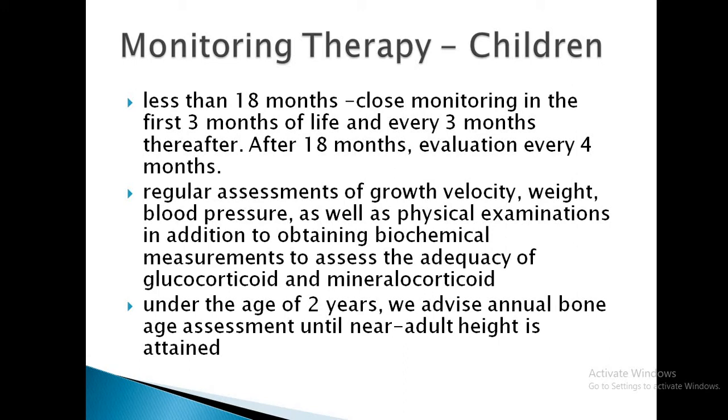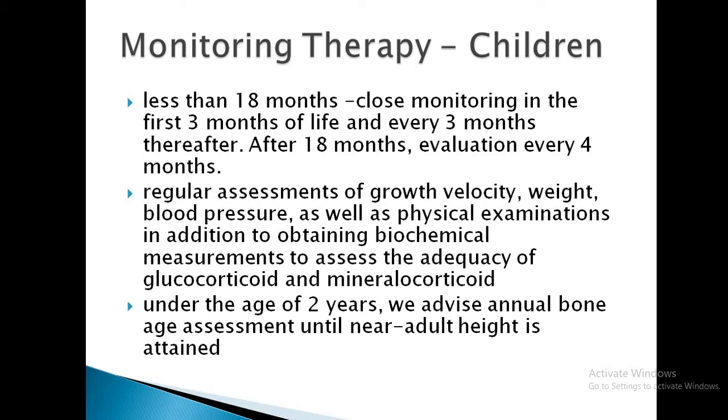So bone age is a lagging indicator of past inadequate adrenal suppression and should therefore be used judiciously. Bone age X-rays are not helpful before the age of 2 years. Excessive radiation exposure should be avoided.